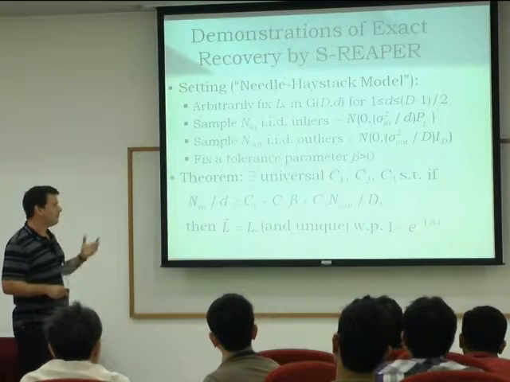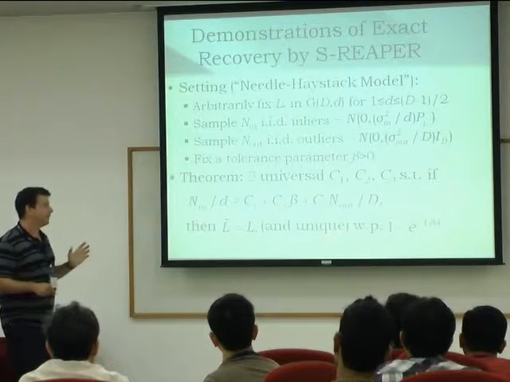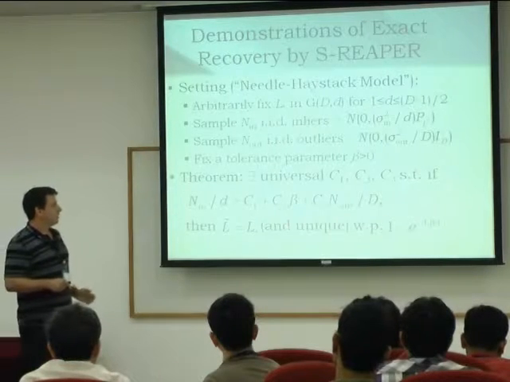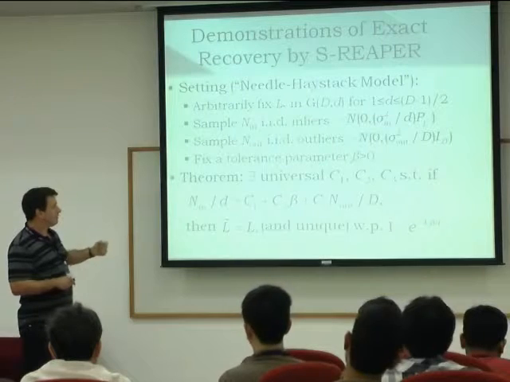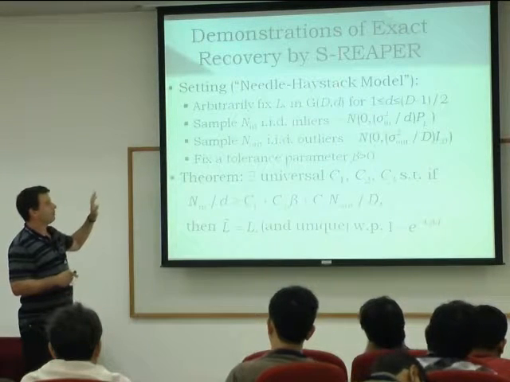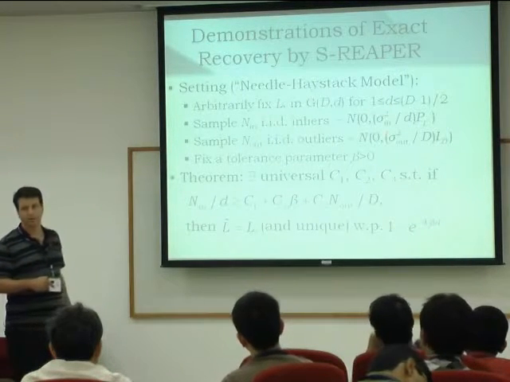So there are some inequalities, and I'll talk about the ideas of the proof very soon. But the point is that if we have this condition, the S-Reaper algorithm will work very well in this model.